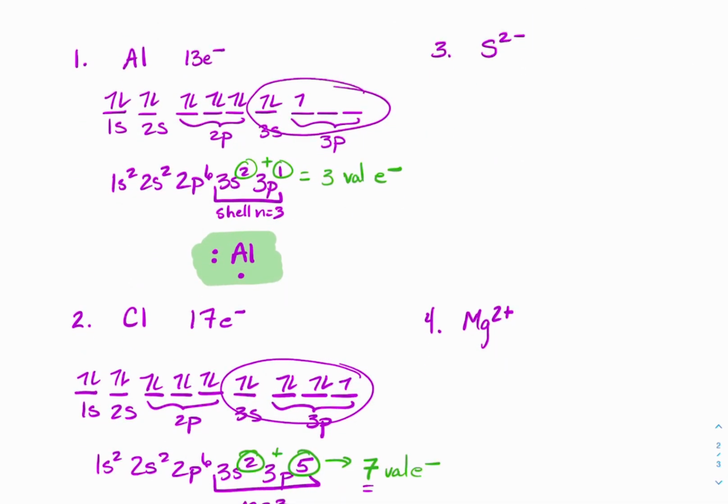Let's try sulfur 2-. So one thing that we need to figure out is how many electrons sulfur 2- has. Well, sulfur in a neutral form has a total of 16 electrons. Let me write that: 16 electrons. But since we have a -2, we're going to add 2 to that. So it's a total of 18 electrons. So when we draw our orbital diagram, it will look something like so.